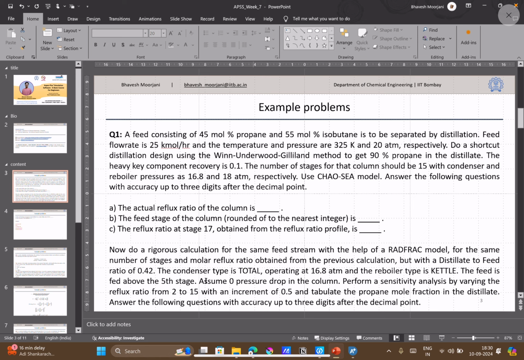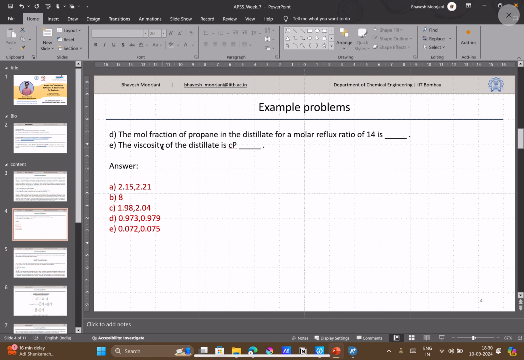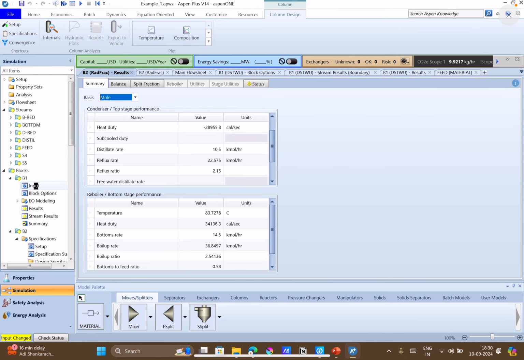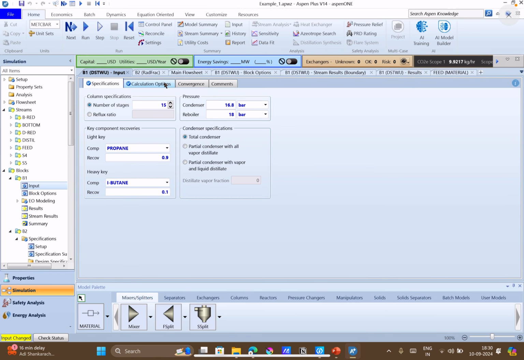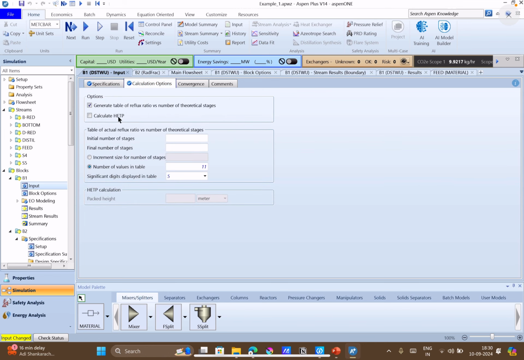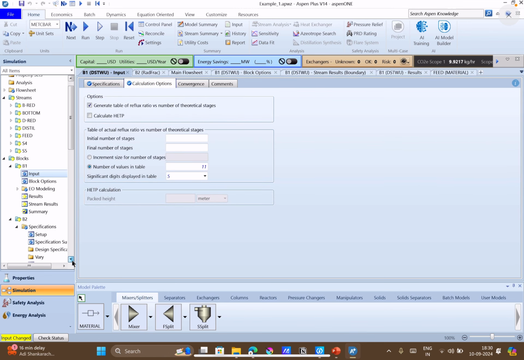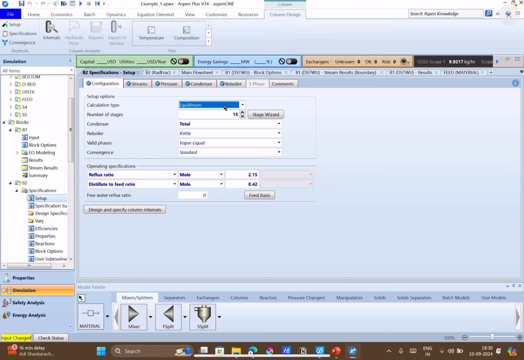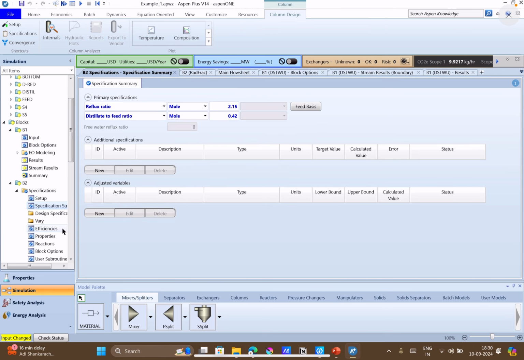But what has been asked of us is the mole fraction of propane in the distillate for a molar reflux ratio of 14. Now here, unlike the DSTWU unit, where in the input section we had this calculation option where we calculate the reflux ratio with number of theoretical stages, in the RadFrac column, in the input option we don't have such an option. If you see the setup part or specification part, we don't have any option here.